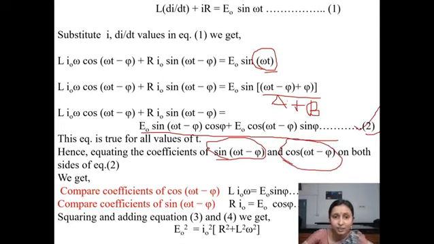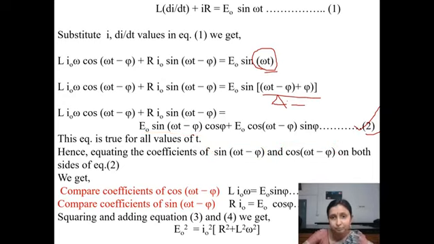Hence, equating the coefficients of sin omega t minus phi and cos omega t minus phi on both sides, we get: comparing the coefficient of cos omega t minus phi, here on the left the coefficient is L I naught omega, and on the right we get the coefficient as E naught into sin phi.